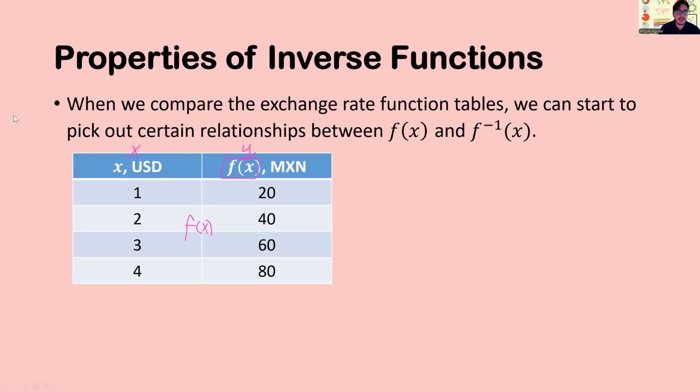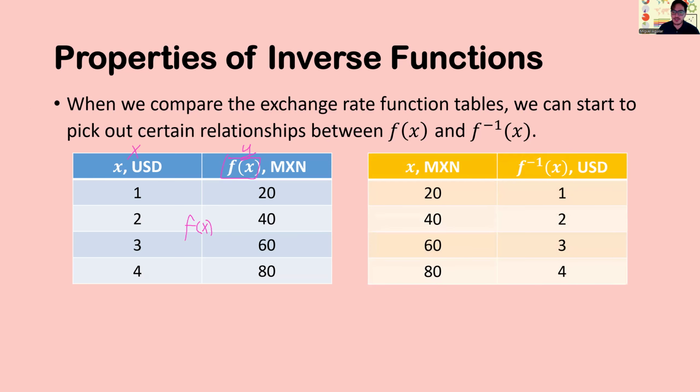Okay. To get the inverse function table, all you need to do is switch the order of your x and y. What I'm literally going to do is just switch the position of my x and my y columns, like so.